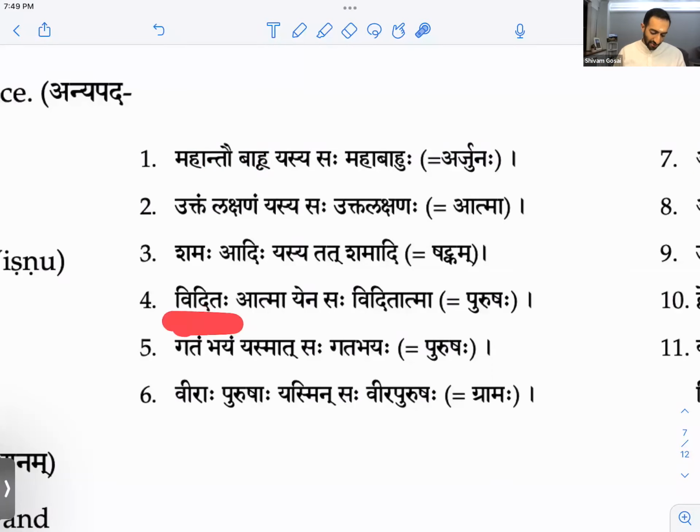It doesn't matter what the gender of these two words, it's going to match Arjuna. Oh, this is a funny one. Viditaha Atma Yena Saha Viditatma. Do we know someone named Viditatma? Yeah, you might know someone named Viditatma. The one by whom, Yena, Atma, the self, Viditaha, is known.